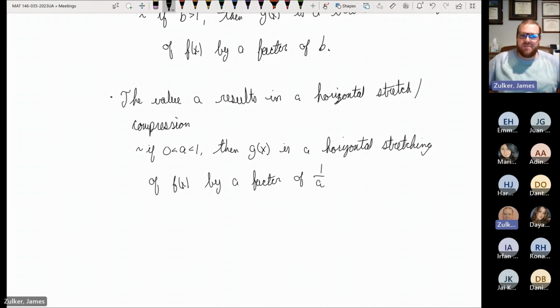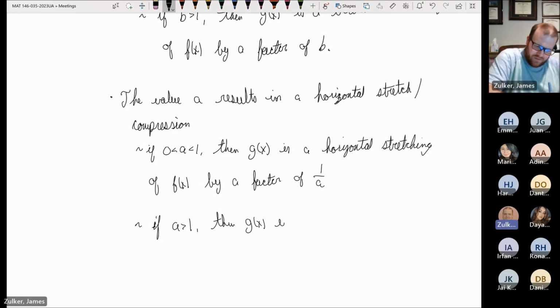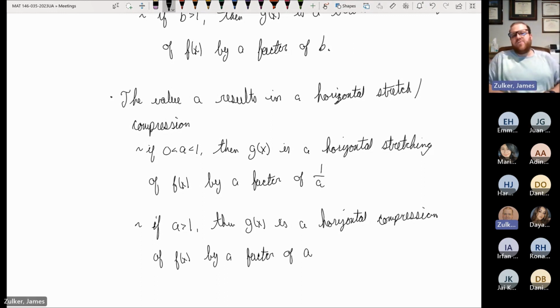Again, the opposite of what you would think. And if a is greater than 1, you have a horizontal compression by a factor of a.